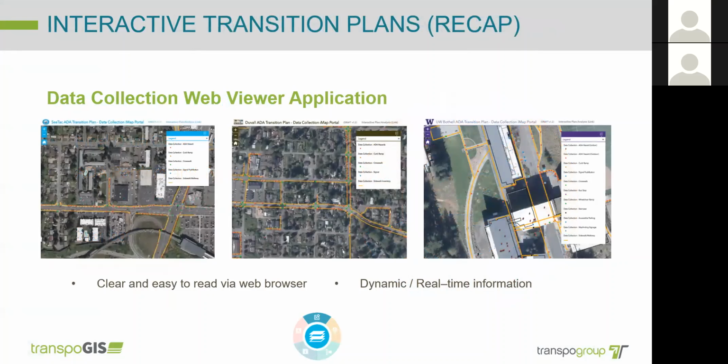One of the things that's nice with the web viewer application is that you can see it dynamically in real time as field data collection is being done, which has really been a good thing for us when we're working with clients, to show them, hey, this is where the field staff is.